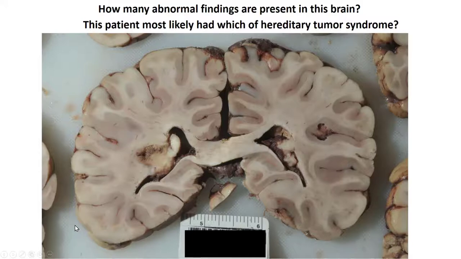They're more like expanses of abnormal cortical brain tissue. These areas along our cortex are all cortical tubers. So there are multiple cortical tubers in this one brain section.